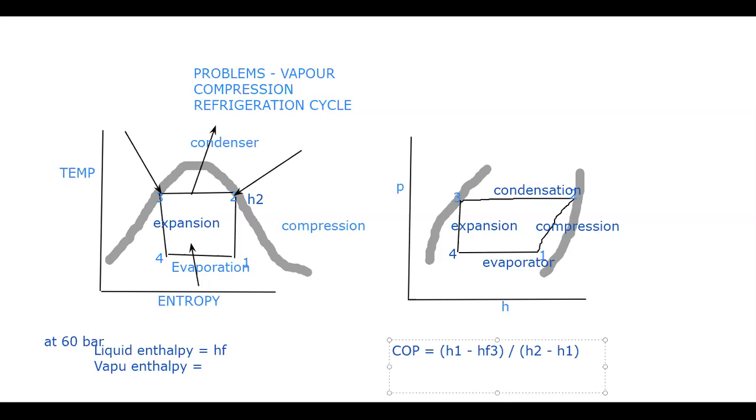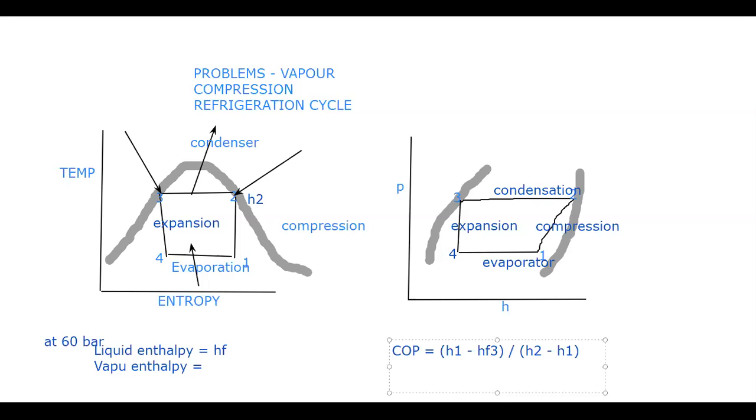For that purpose, first we have to find out the amount of heat extracted by the refrigerant. How do you know what the heat extracted is? That is nothing but the difference of enthalpy before compression, H1 minus HF3.